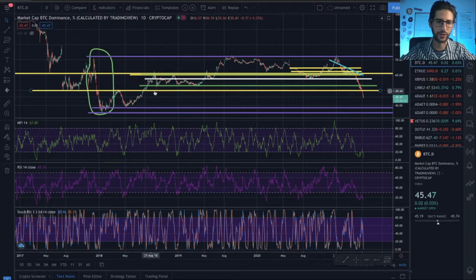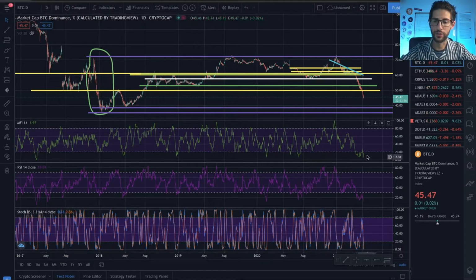So this trend line is very important, and we lose that support. So right now we could go directly to 38.4, which is very low here, and that will mean that it's more upside for the altcoins and not too much for Bitcoin.